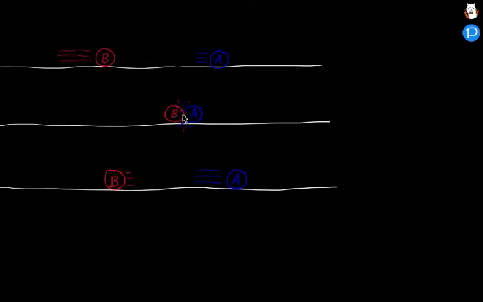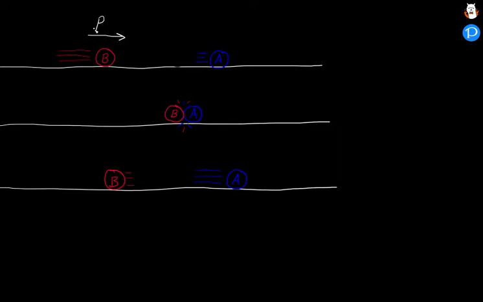And after they collide, we get this situation here where ball B is moving back the other way with a slower velocity, and ball A is moving this way with a faster velocity than it had at the beginning. So, if we look at this in terms of what we've been talking about with momentum, we can say that ball B here, and actually I'm going to change this color, ball B here, we know has a certain momentum.